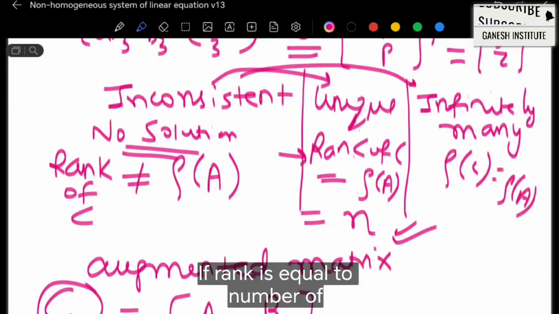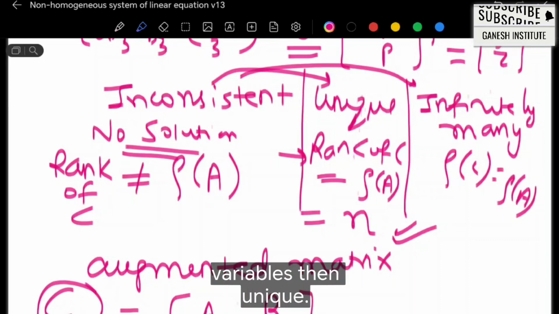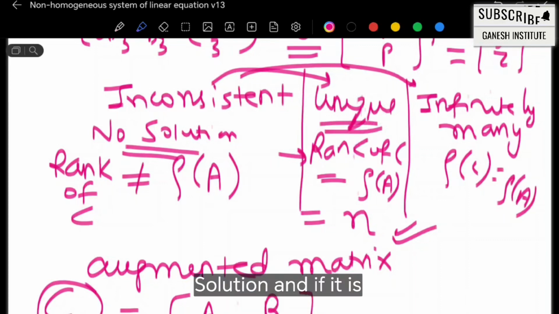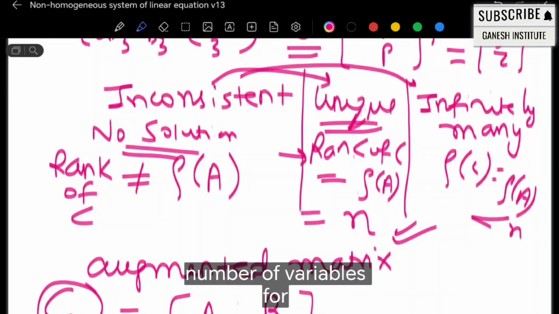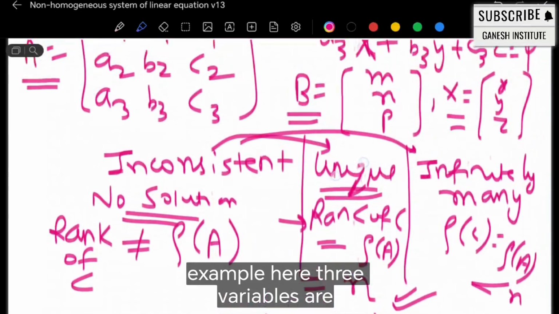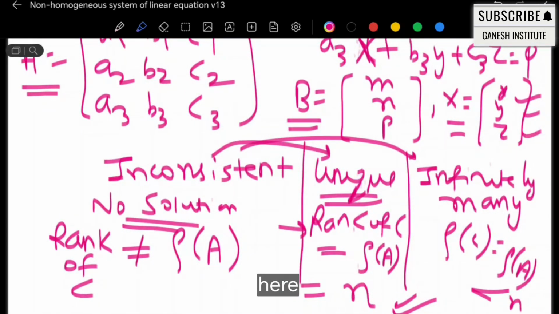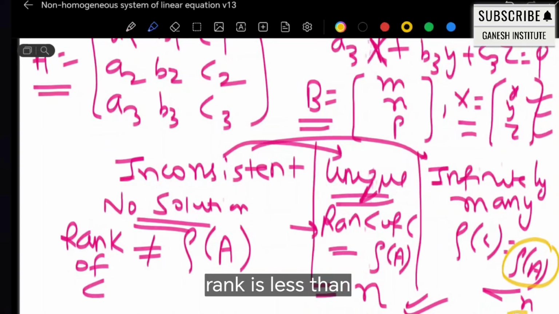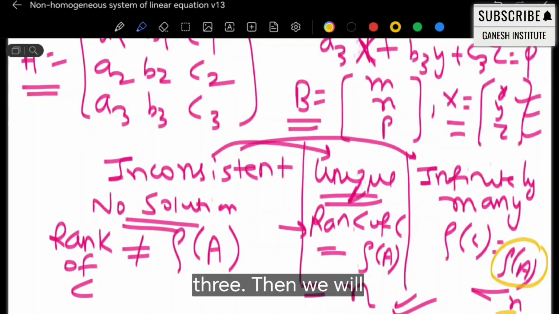If the rank is equal to the number of variables, then there is a unique solution. And if it is less than the number of variables, for example here there are 3 variables, if the rank is less than 3, then we will say infinitely many solutions.